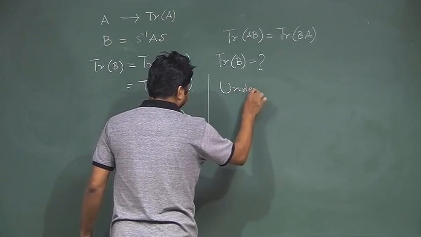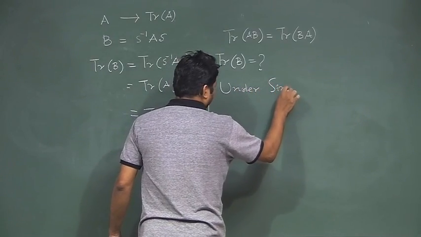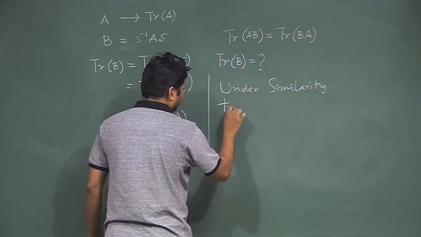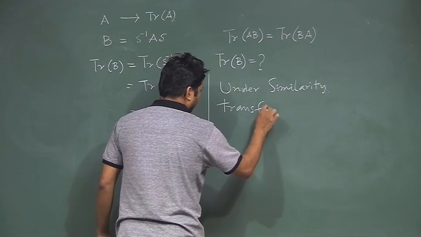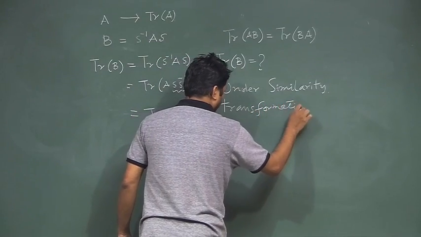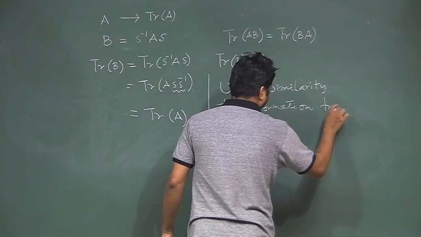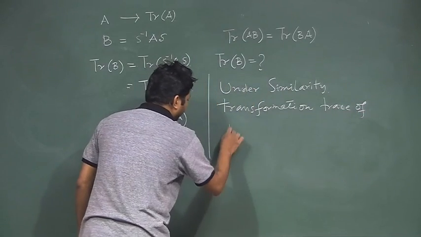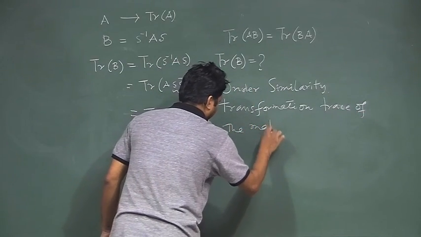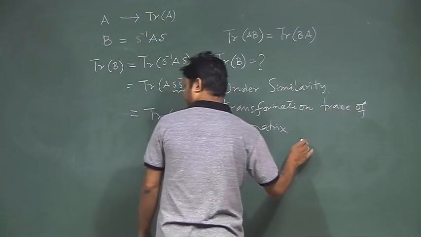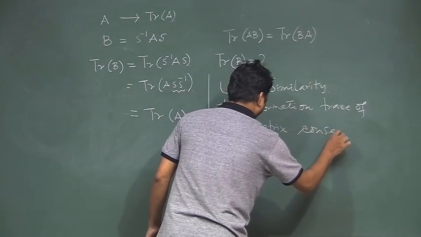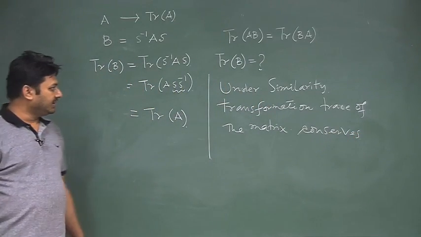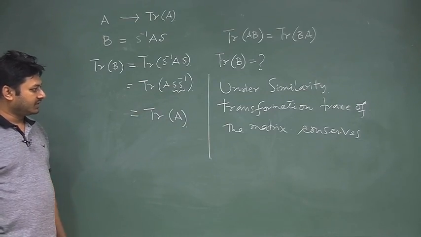Under similarity transformation, trace of the matrix is conserved. So, the conclusion is under similarity transformation, trace of the matrix is conserved.